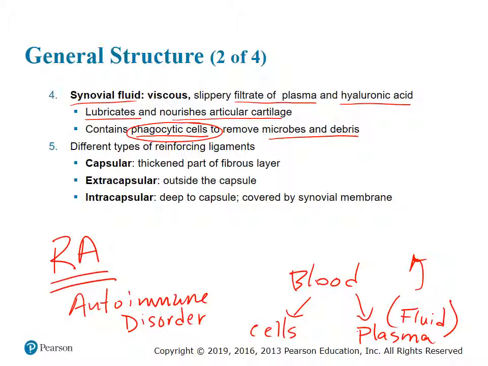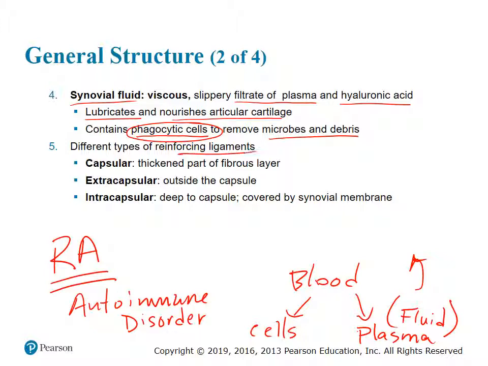What the body will do after a while is replace that area with scar tissue or build up some of that bone and cause the joint to fuse. In rheumatoid arthritis, the synovial joints will fuse together. Just to paint a picture of why you see the immune system there and how that can go bad sometimes, right?